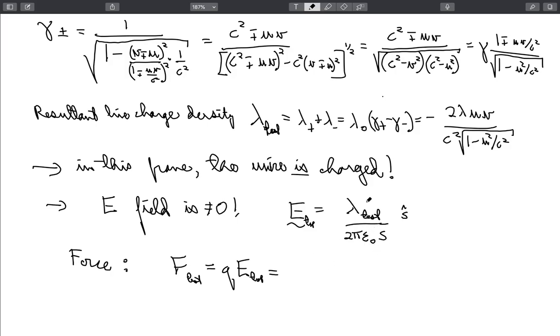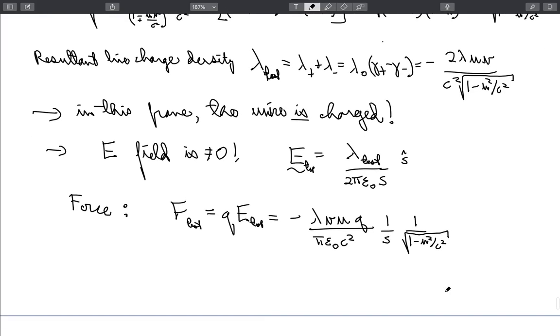So just collecting terms, I've got minus lambda times V times U times Q, okay? Then divided by pi epsilon 0, we've got a c squared, and then I've got 1 over s, and I've got the factor here, just 1 over the square root of 1 minus u squared over c squared. Okay.